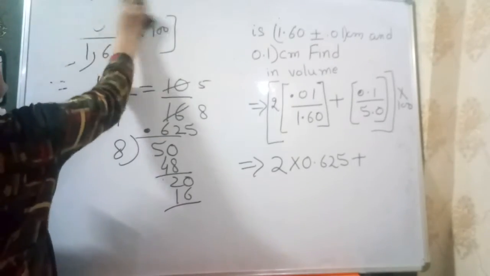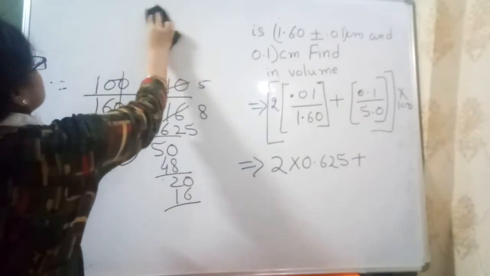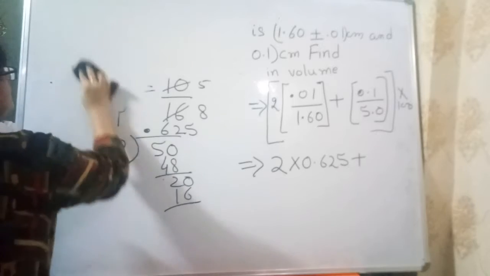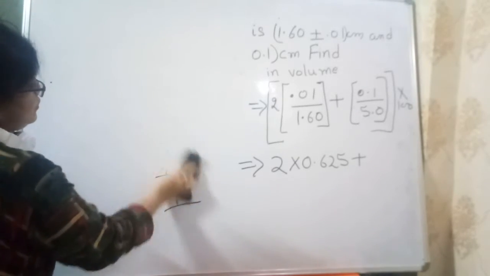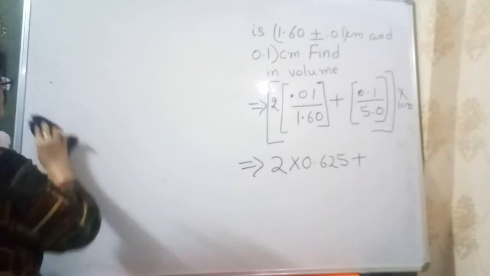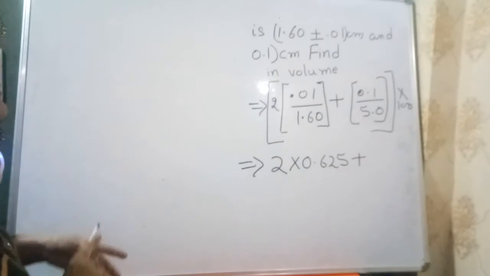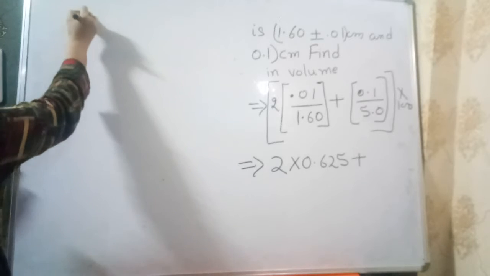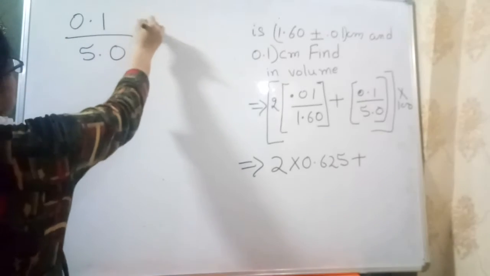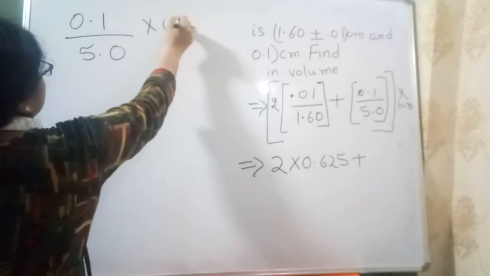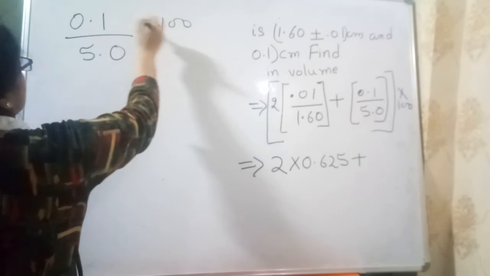Clear? How do we do these types of questions? There's a little bit of difference in the method of calculating percentage error. So be careful. Now for the height we have 0.1 over 5.0 into 100. Nothing should be ignored here. Okay?